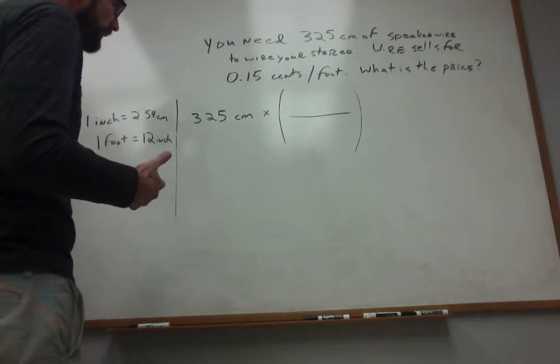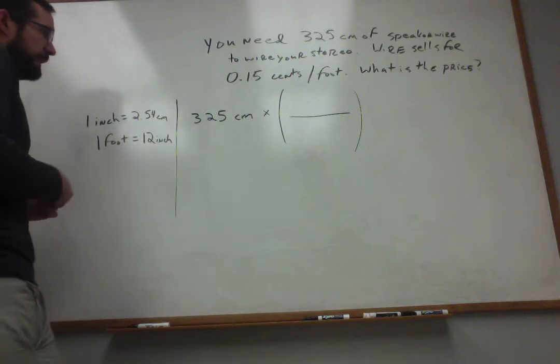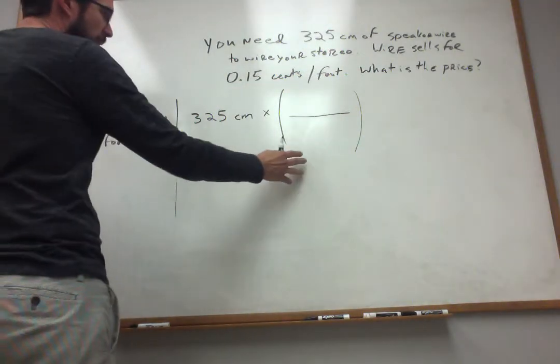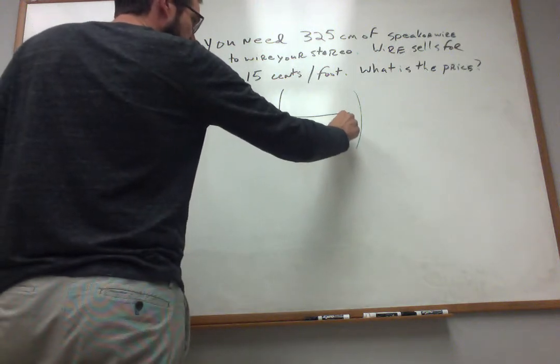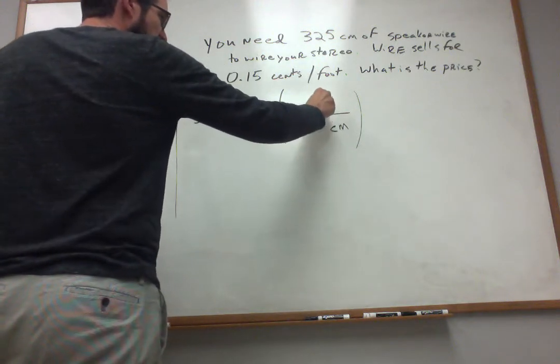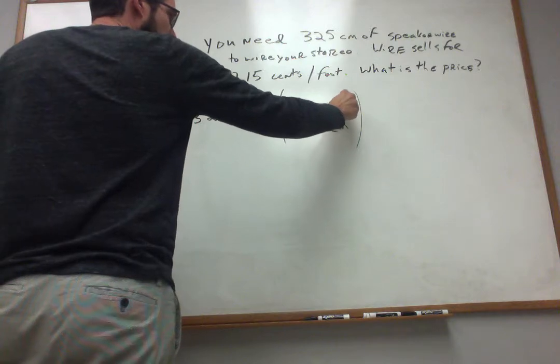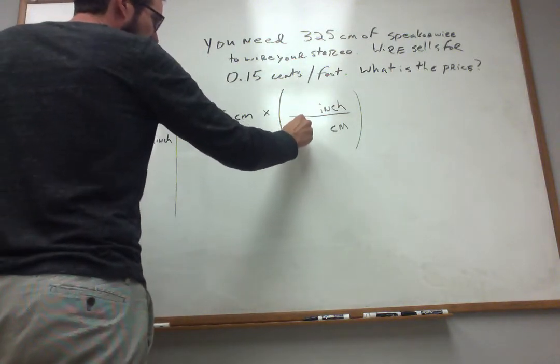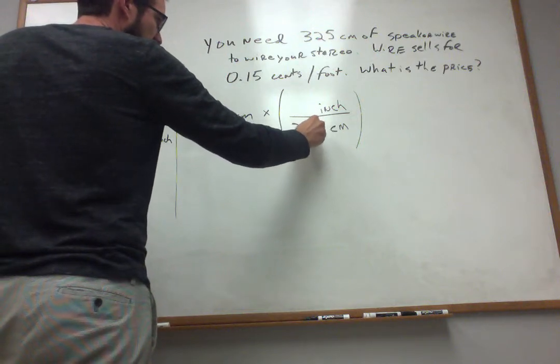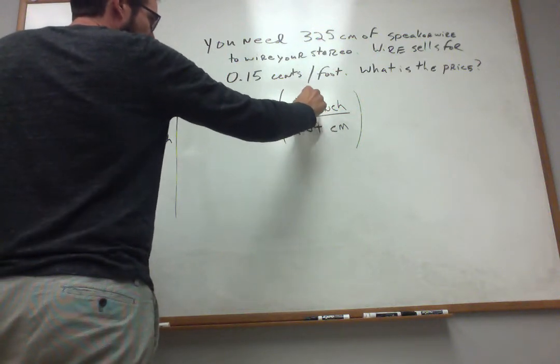So my first step then is to convert my centimeters into inches. So my conversion factor, you always put the undesirable units in the denominator. That's centimeter. And you always put your desirable units up top. Those are the ones that you want to convert to. Okay. Now my conversion factor tells me that 2.54 centimeters is equivalent to an inch.